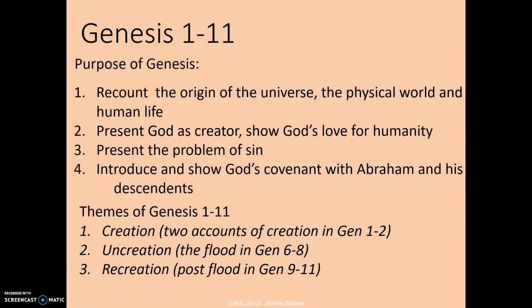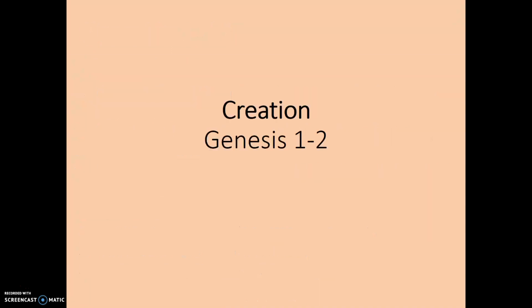So then the themes that our textbook discusses are that Genesis, especially Genesis 1 through 11, talks about creation, then talks about the uncreation that happens in the flood, which we will get to, and then the recreation post-flood. So keep those three themes in mind as we move forward.